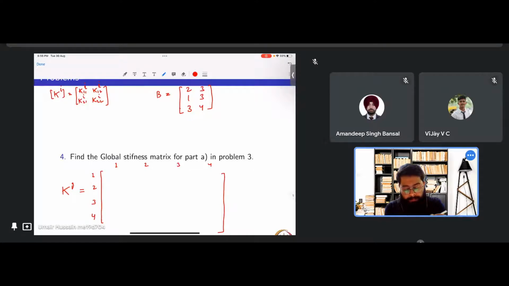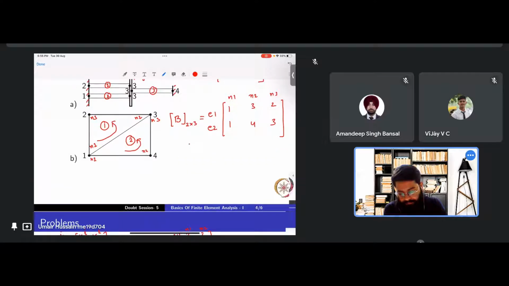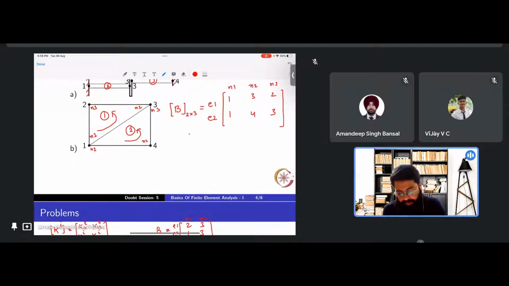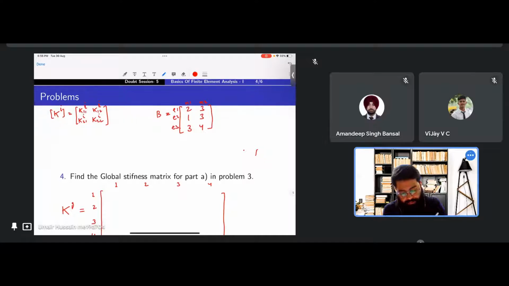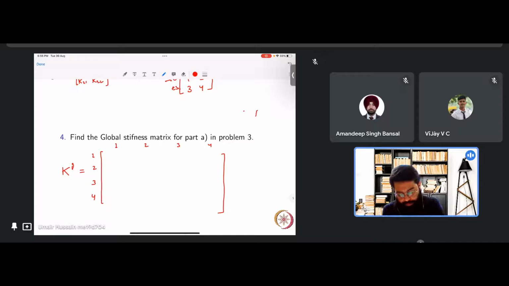Can someone answer? So we have 1 2. So globally, for node 1, we have contribution from element 2. You see here, node 1 comes only in element 2.